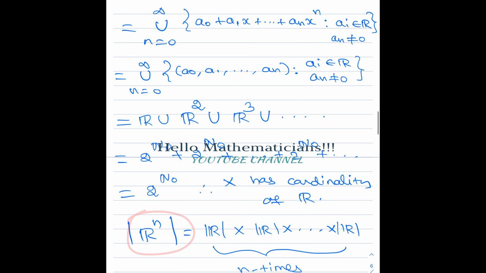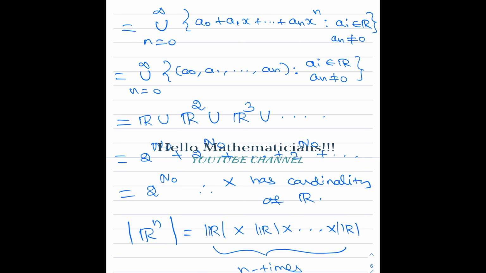Okay, so now for each of these, R square, R cube, we can replace its cardinality. It is a union, so we have to sum the associated cardinalities: 2 power aleph naught plus 2 power aleph naught plus 2 power aleph naught and so on.